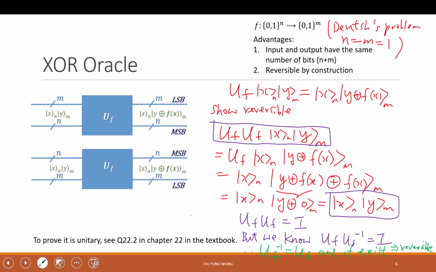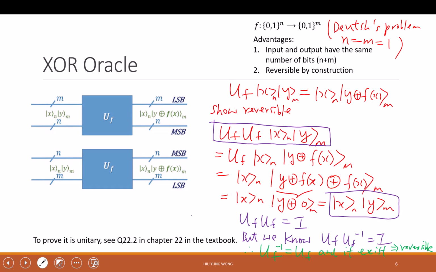Do we lose it before the measurement? If it's reversible, we would have to have some way of getting the information back. When I say I lose it, I mean by construction: you give UF x and y, and it gives you y exclusive or f of x. That is what I mean by lose, not inside; you said to look from outside. What I'm trying to say is that we don't actually embed f of x in the machine, in the gate.